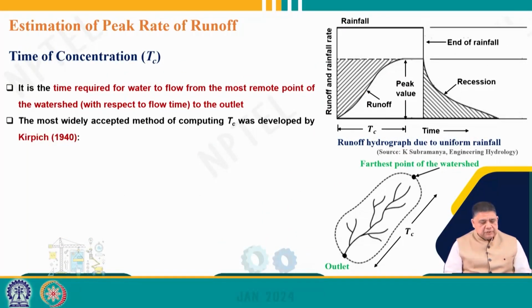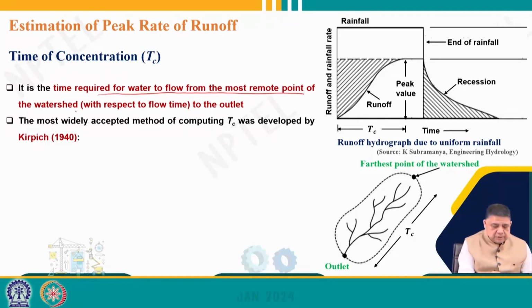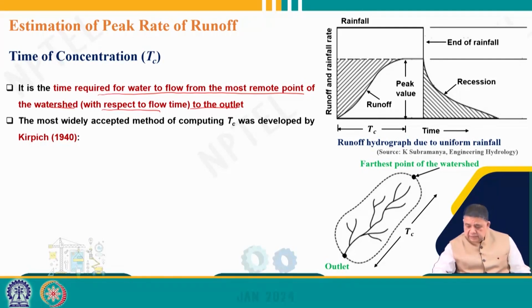Now, coming to time of concentration, it is the time required for the water to flow from the most remote point of the watershed, with respect to flow time, to the outlet. If you look at the picture here, this is the outlet of the watershed. So, if you locate the remotest point of the watershed, then whatever time the flow takes for traveling from this place to the outlet, of course, through the streams, that is referred to as time of concentration.